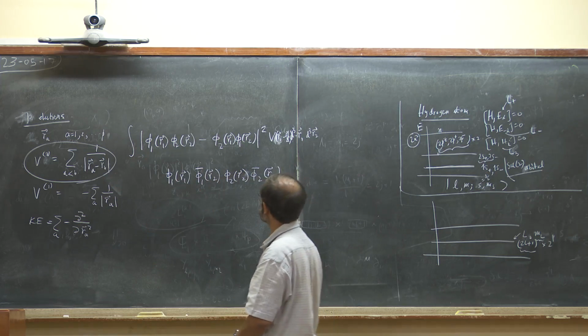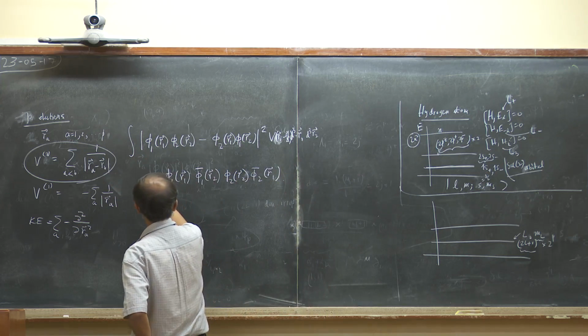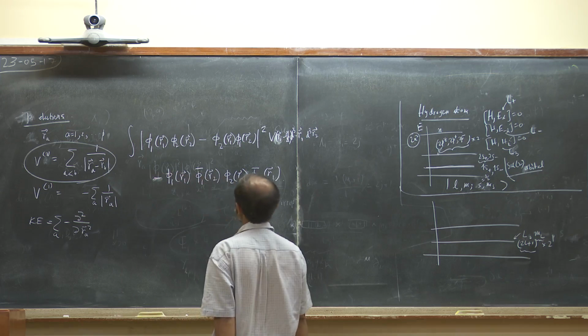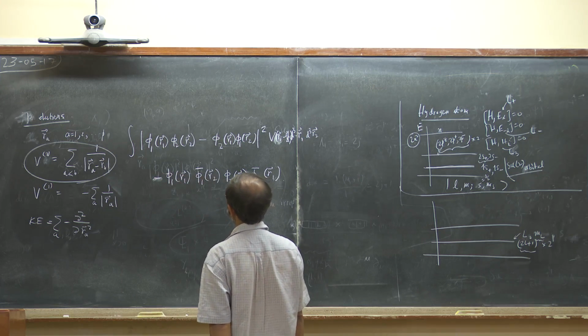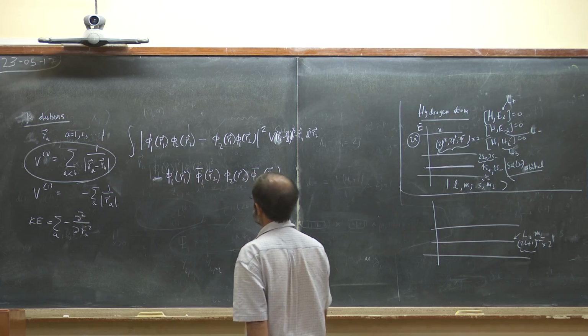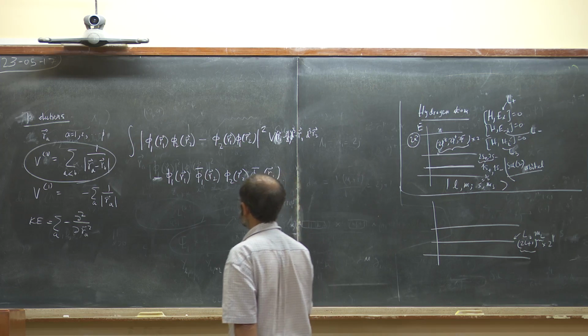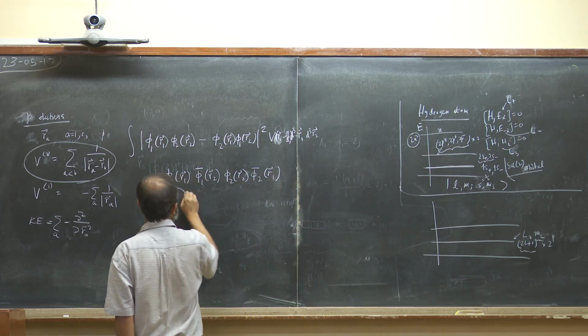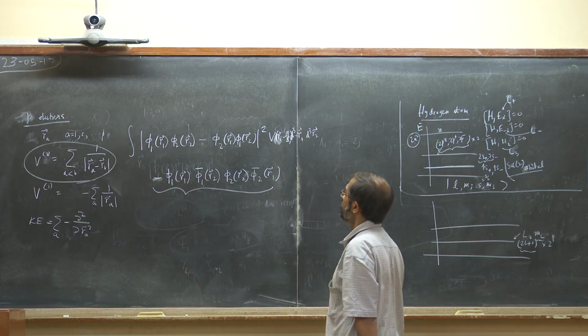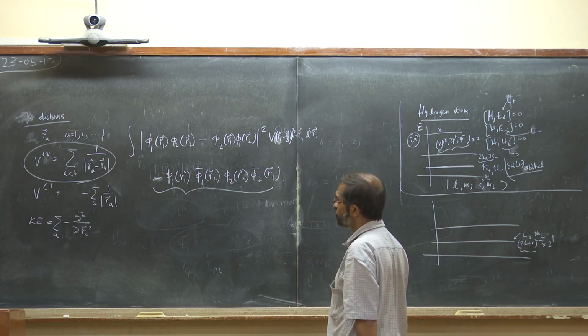And this appears with a negative sign, because of the antisymmetry of the fermionic term. And here, because of this, there is an additional term in the potential energy.